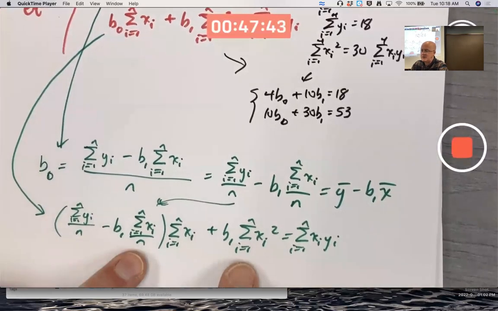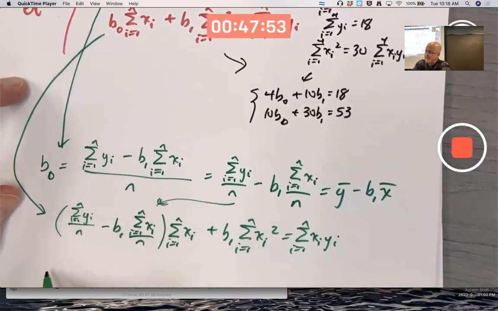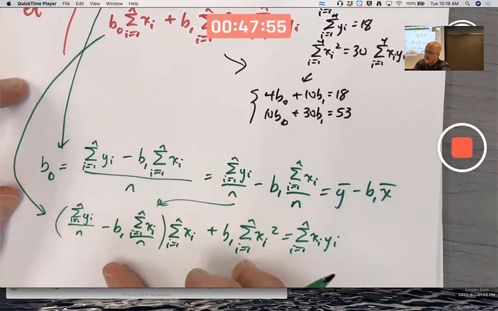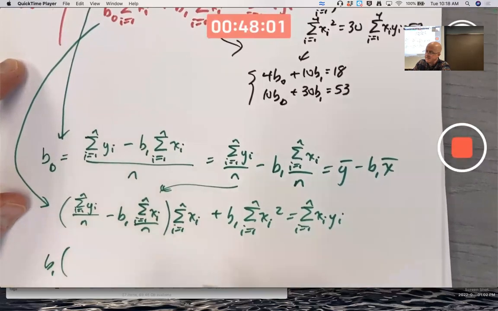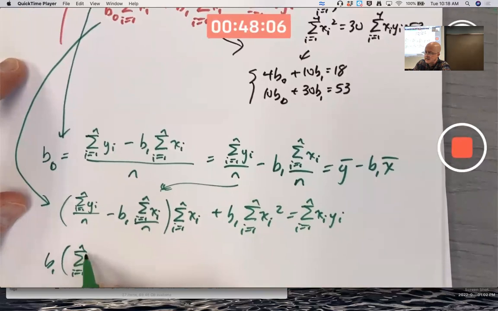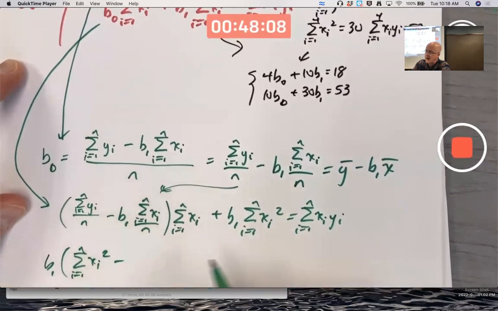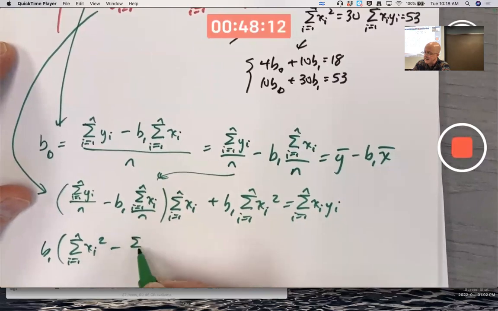I'd want to combine these two things probably with a common denominator, perhaps. Or perhaps not. Okay, let's actually not do that. Let's combine these two terms though and factor out a B1. So I'll have B1 times the summation of the xi squareds minus the summation of the xi's divided by n.